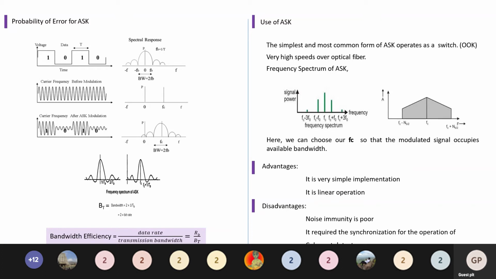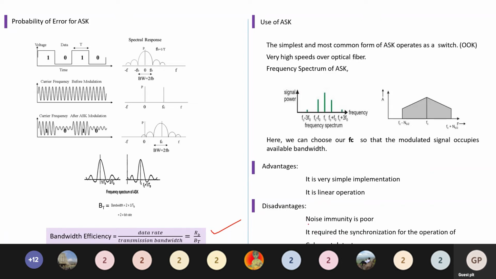And the bandwidth equation for ASK is B_T. So what is bandwidth? As you can see in here, twice the bit rate. That you can also study. The advantage is that it is very simple to design, and the disadvantage, because of the simplification, is that there is a lot of chance of noise.